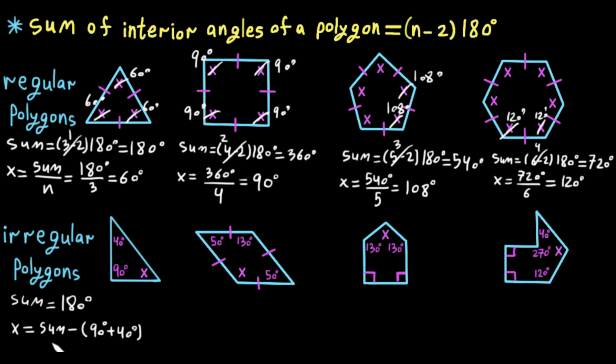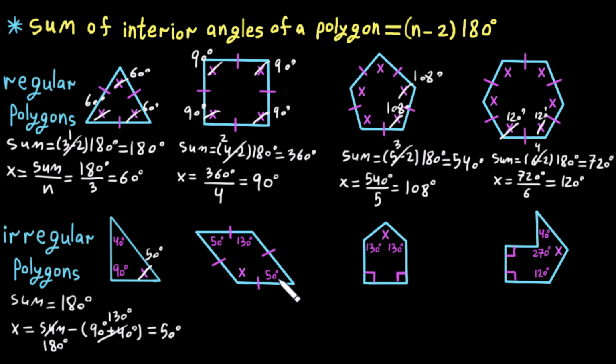We know the sum is 180 degrees, so instead of this, we substitute 180 degrees. And here 90 plus 40, which is 130 degrees. Now 180 degrees minus 130 degrees equals 50 degrees. So the value of this x is 50 degrees.